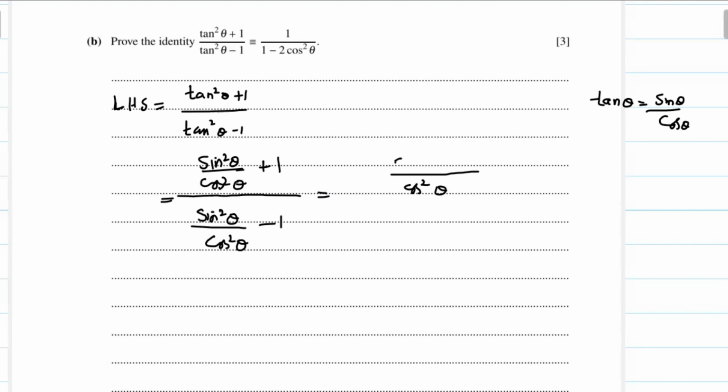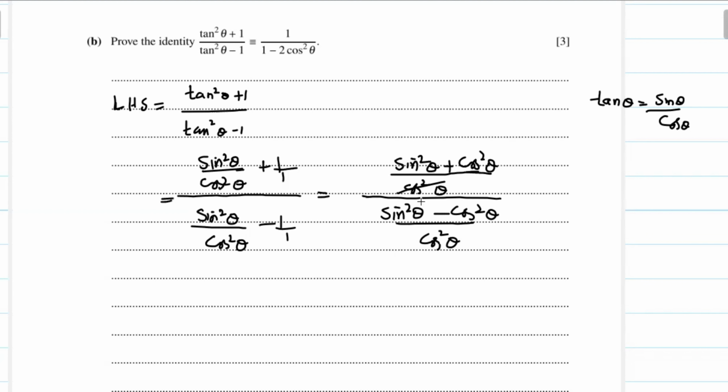Therefore, the first value sine squared theta is written as it is, plus 1 into cos squared theta, that becomes cos squared theta, over, and sine squared theta over cos squared theta minus 1. The LCM will be cos squared theta, and therefore we can write this as sine squared theta minus cos squared theta.